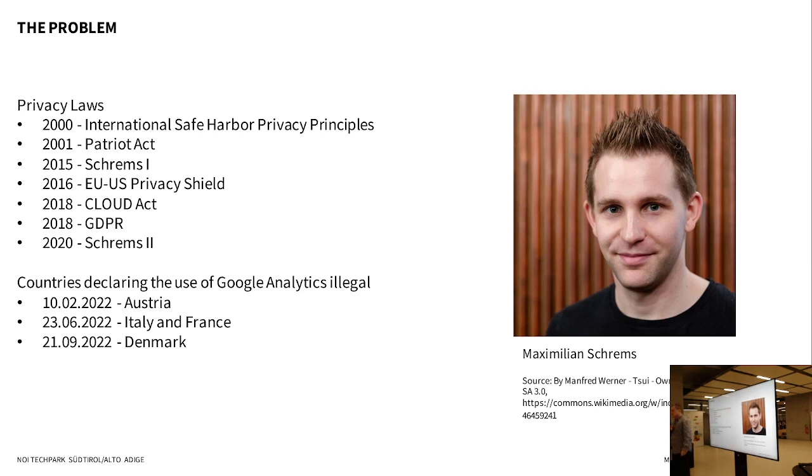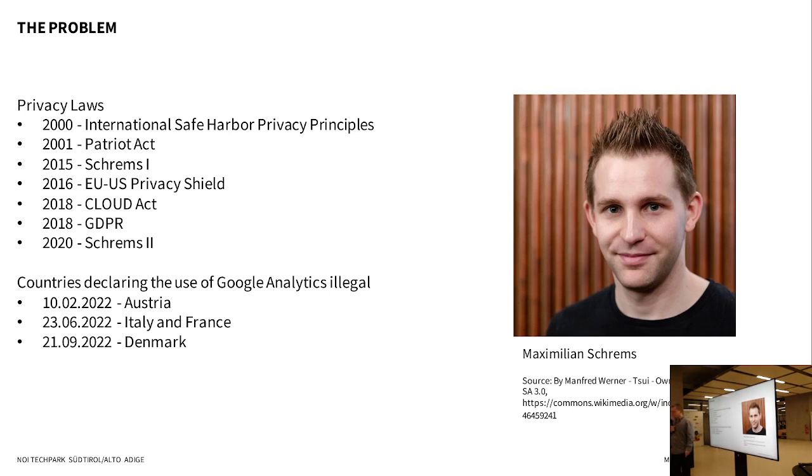If you're using US services, even if the data is stored in Europe, the US government can still access the user's data, so it isn't compliant with the GDPR. That's said quite easily. For sure, there is a more complicated background, but this is the principle.